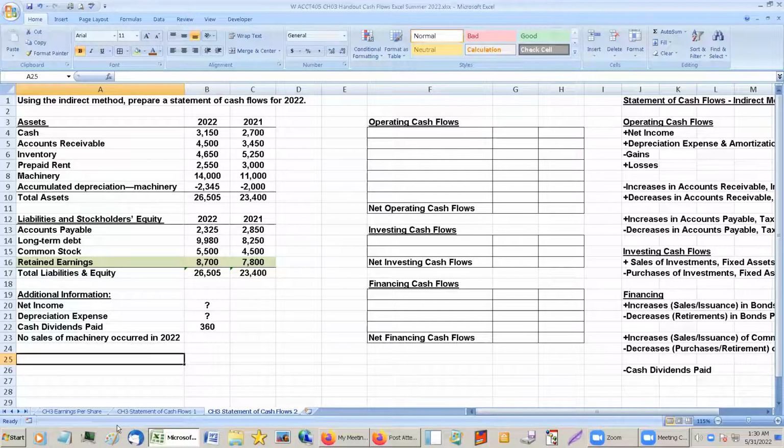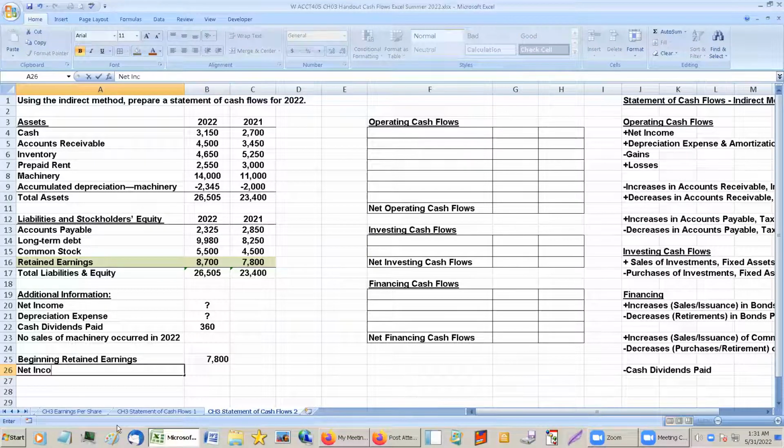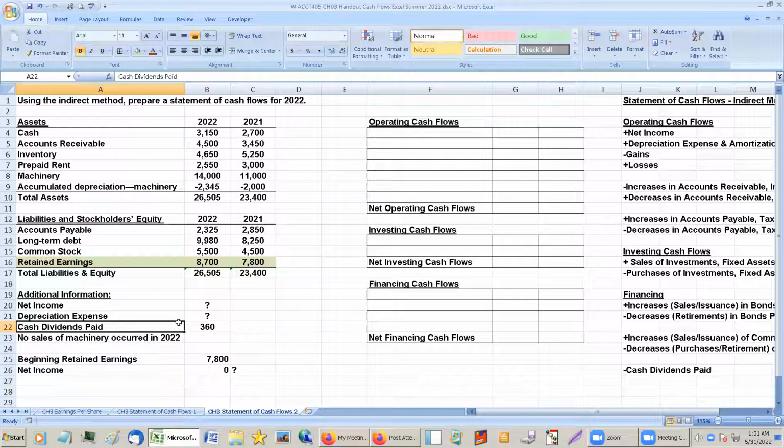Okay, now we know retained earnings. We start with the beginning retained earnings. And so that would have been 7,800. We would add net income. Now, we don't know what net income is, so I'm just going to put in a 0. I'll show you we do that later. Cash dividends paid.